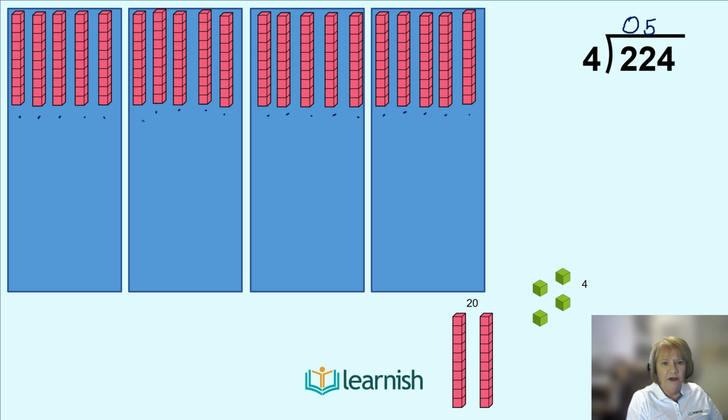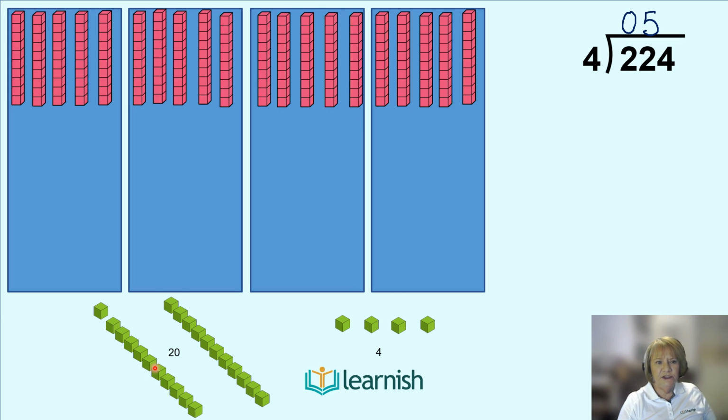But I also have 2 tens left over, and I have 4 units. So I need to trade these 2 base 10s in for 10 units each. So I traded my 2 base 10s for 2 sets of 10 units. So there are 20 here, and then I still have my 4 ones left over.